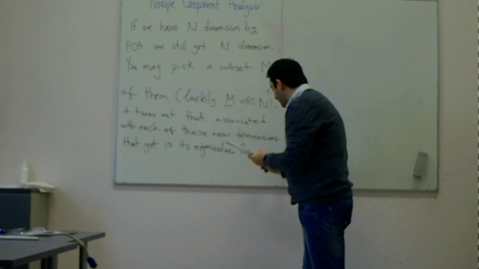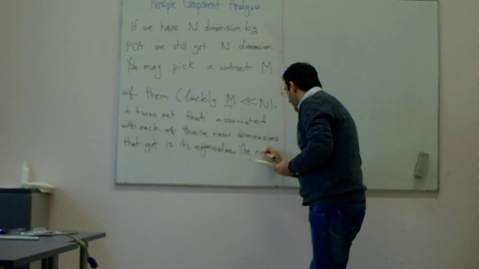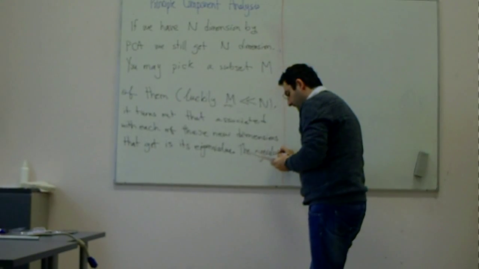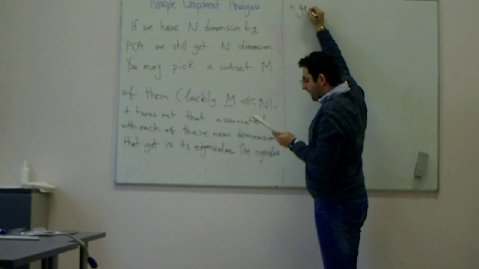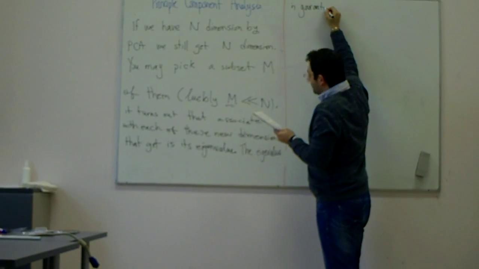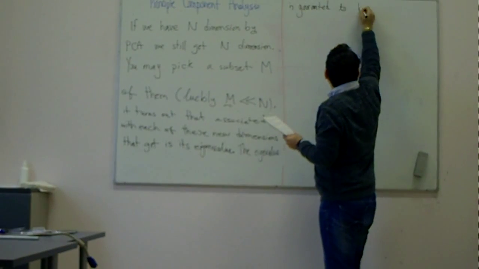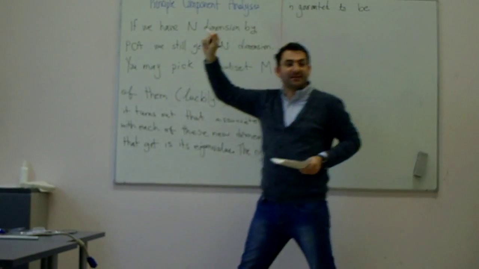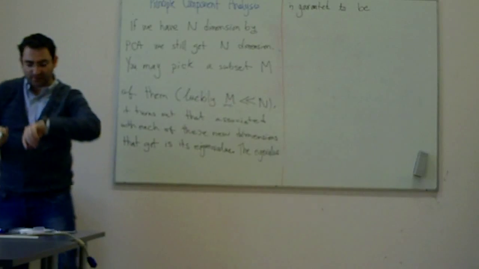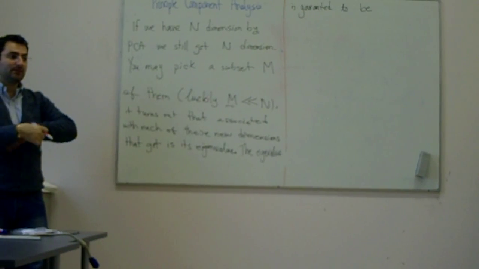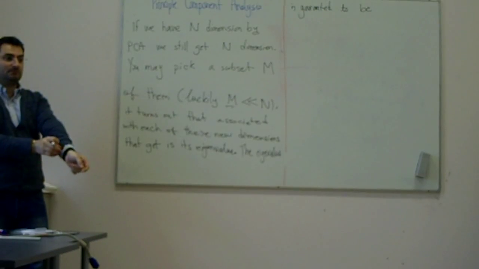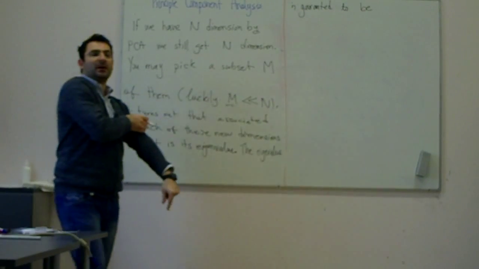The eigenvalue is guaranteed to be, what is the first thing that an eigenvalue is guaranteed to be? Tell me one important thing about eigenvalues.